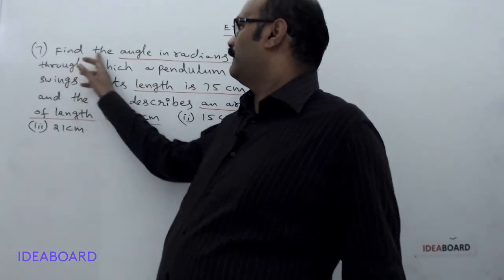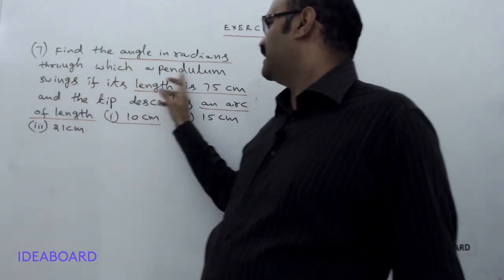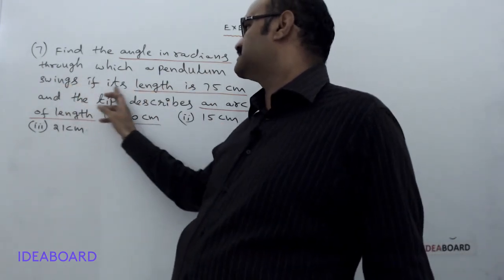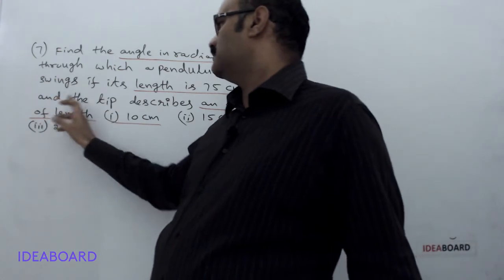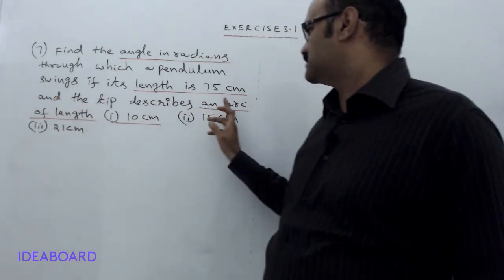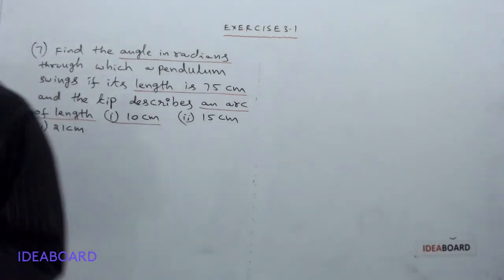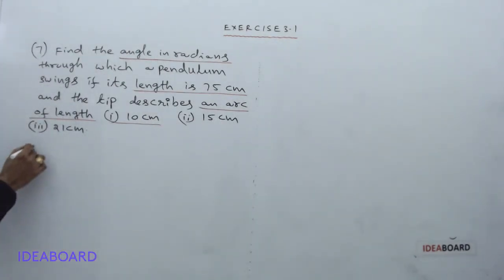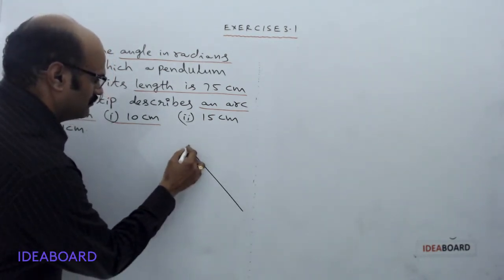Next problem: find the angle in radians through which a pendulum swings if its length is 75 centimeter and the tip describes an arc of length 10 centimeter. Now here in the problem, this is the pendulum we are having.